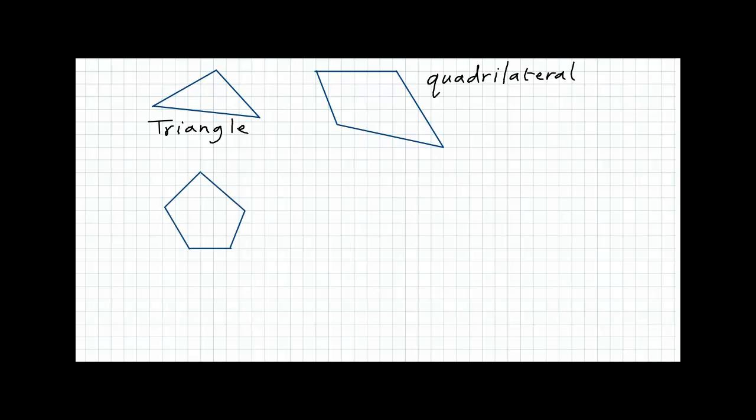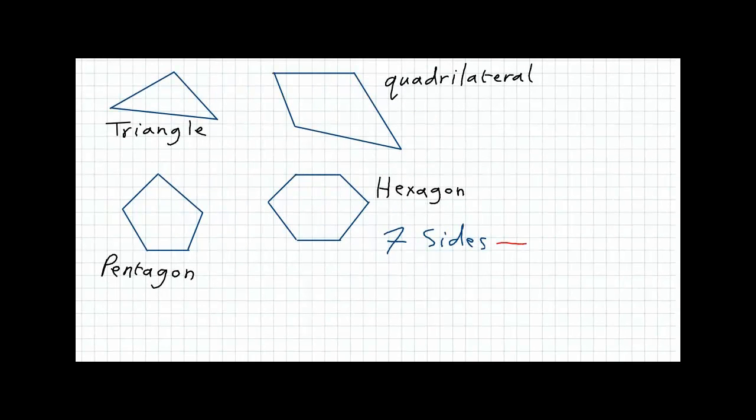It may have 3 sides like this one, so we call it a triangle, or 4 sides like this one, and we call it a quadrilateral, or 5 sides, where we call it a pentagon, or 6 sides, where we call it a hexagon, and if it has 7 sides, then we call it a heptagon. 8 sides, we call it an octagon.